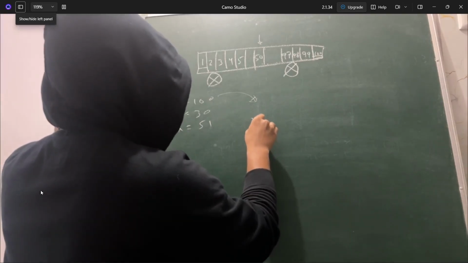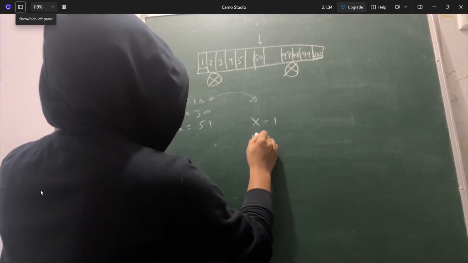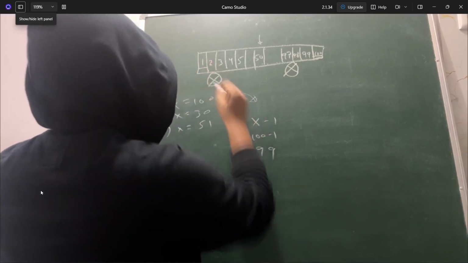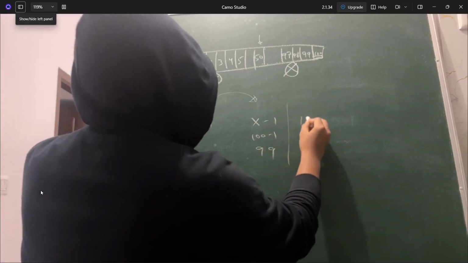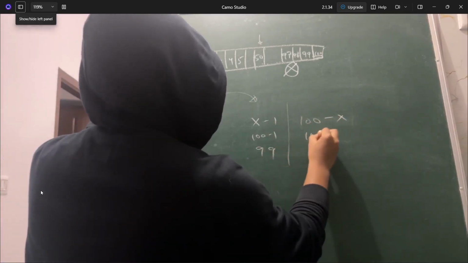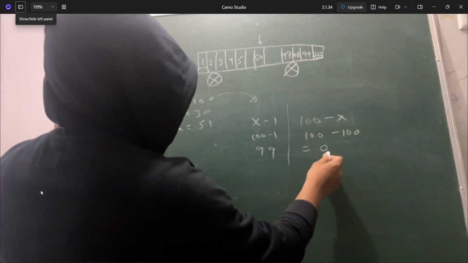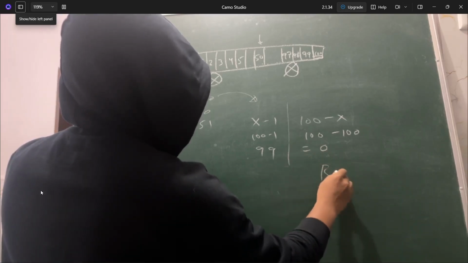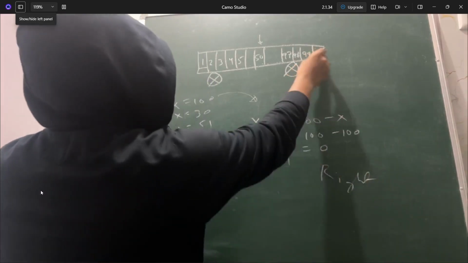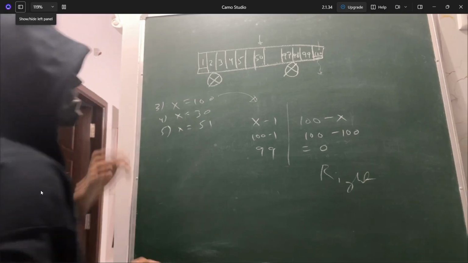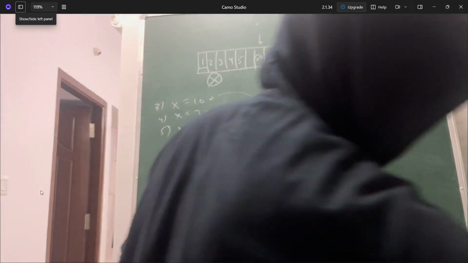If you do x minus 1, that gives 100 minus 1, which is 99, so if he chose this door he would have to travel 99 distance. But 100 minus x is 100 minus 100, which is 0. Obviously this distance is smaller, so in this case he will choose the right exit. The person is sitting here, so he will move out of this door.